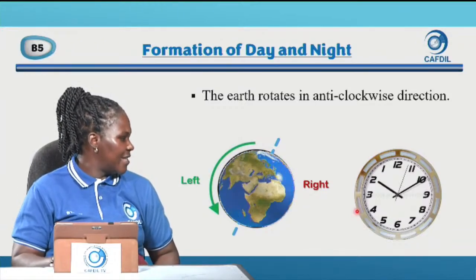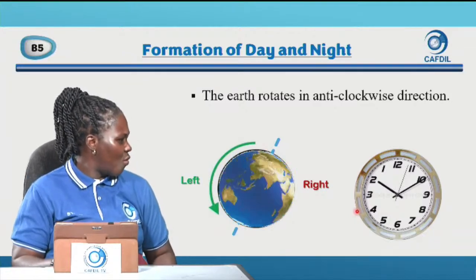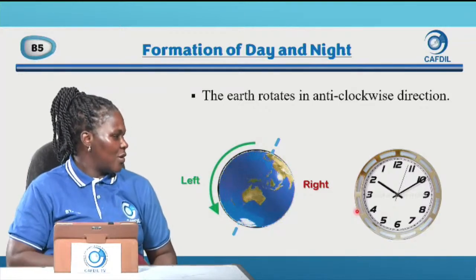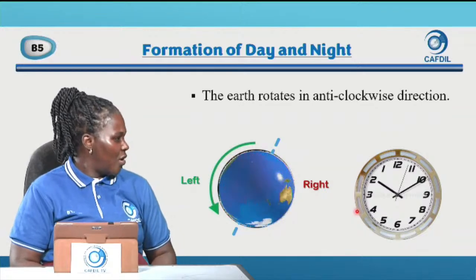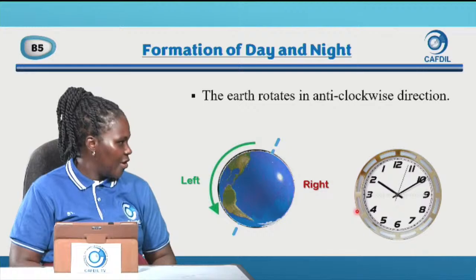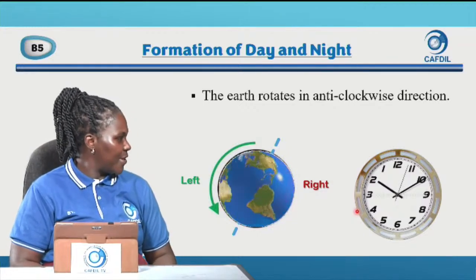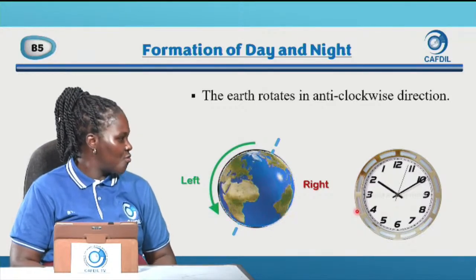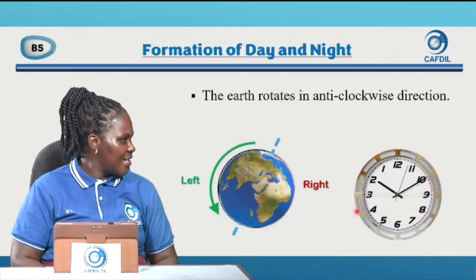So we can see the earth moving in an anti-clockwise rotation, opposite to how the clock moves. The clock that we have been using moves in clockwise rotation, from right to left. But the earth moves from left to right, and we call it anti-clockwise direction.